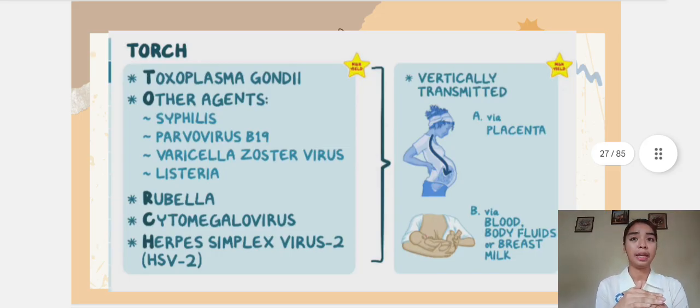T is Toxoplasma gondii, O is the other agents, which include syphilis, parvovirus B19, varicella zoster virus, and listeria, R is rubella, C is cytomegalovirus, and H is herpes simplex virus 2 or HSV2. These TORCH infections are vertically transmitted via the placenta or via blood, body fluid, or breast milk.